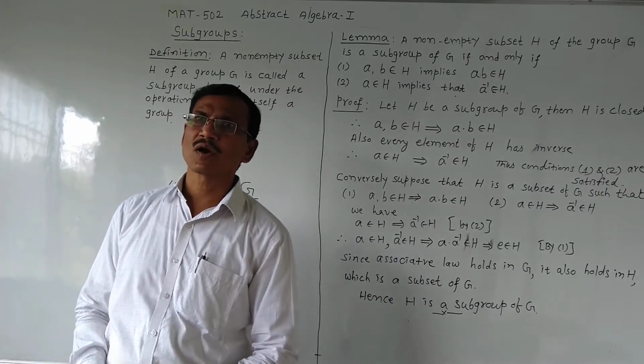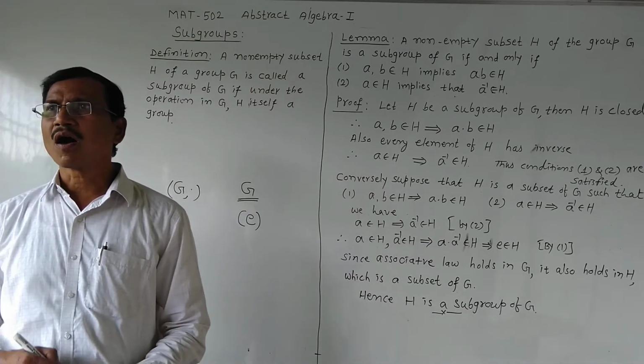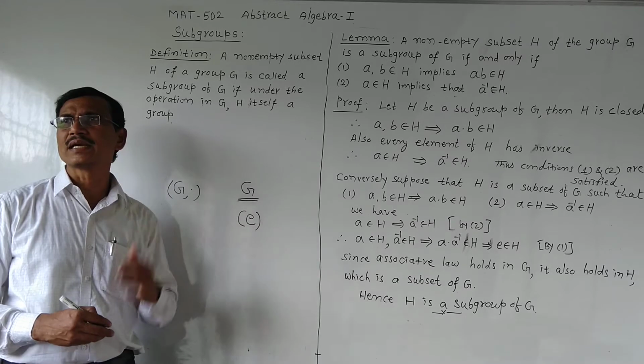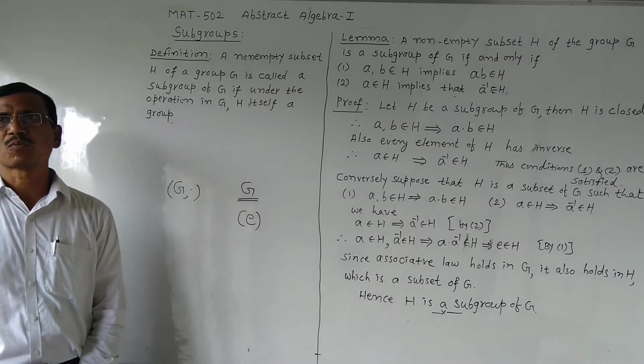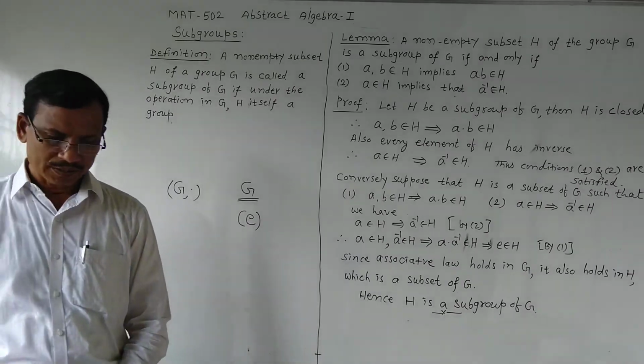These two subgroups are called improper subgroups or trivial subgroups. All other subgroups of G except these two are called proper subgroups or non-trivial subgroups. Okay?